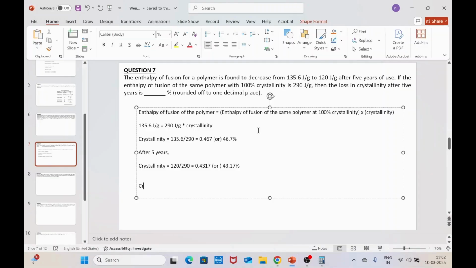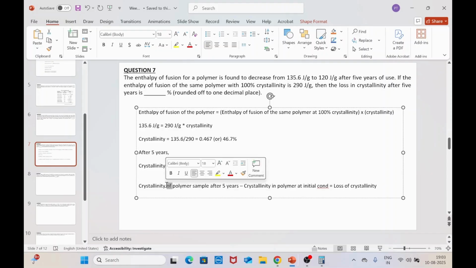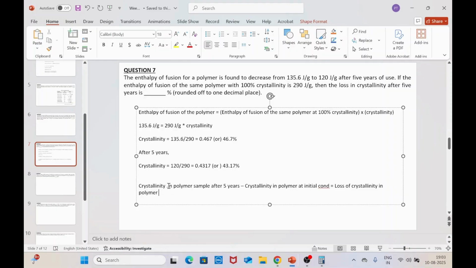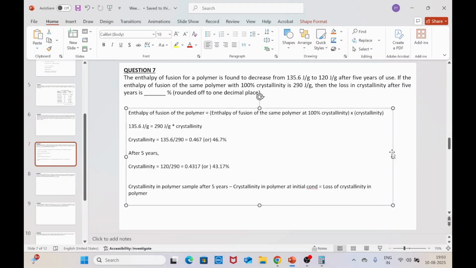If we subtract the crystallinity of the polymer sample after 5 years minus the crystallinity in the polymer at the starting, or at the initial condition, that is nothing but the loss of crystallinity in the polymer. Is this fine?